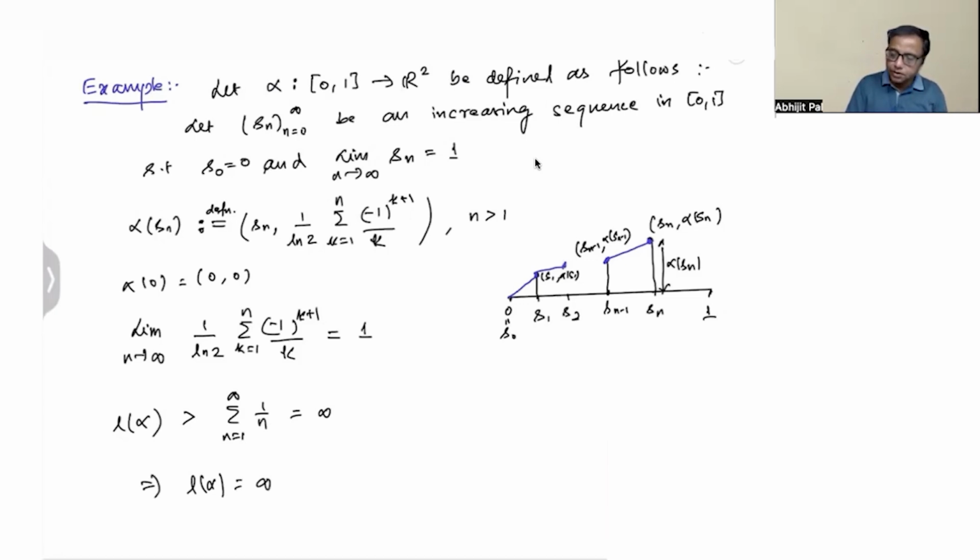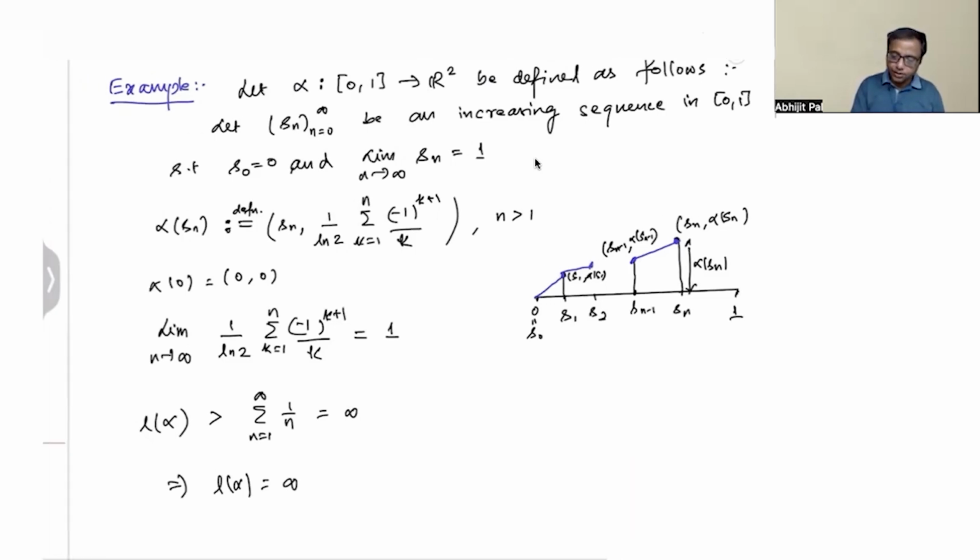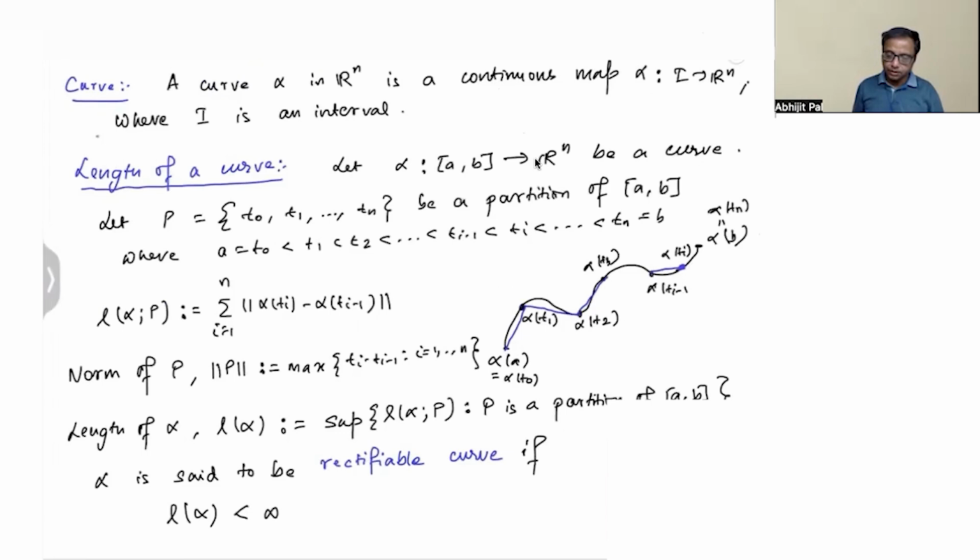Now suppose you are given a curve alpha. Suppose it is also differentiable, and the second order derivative also exists and is continuous. This definition of length of alpha is very hard to compute for computation purposes.